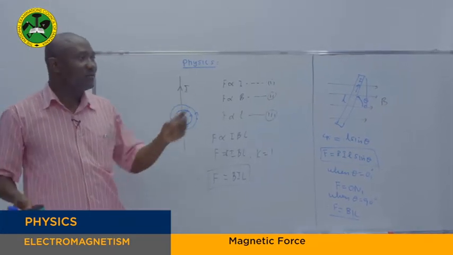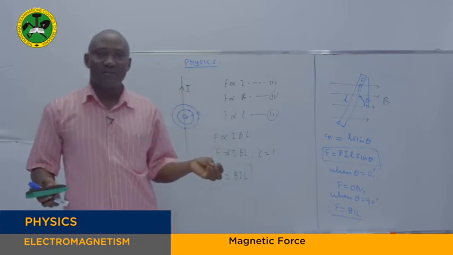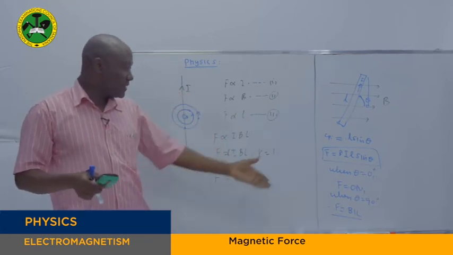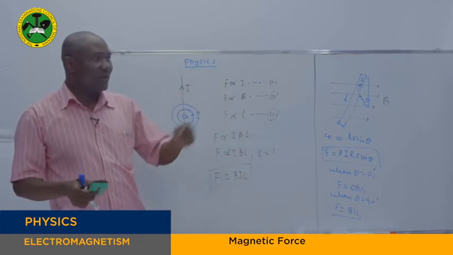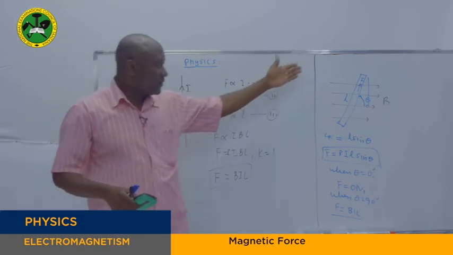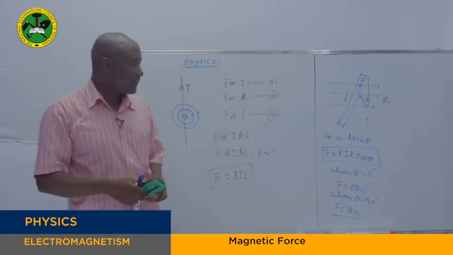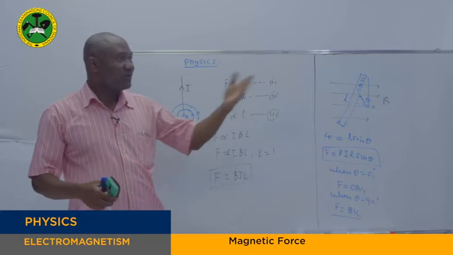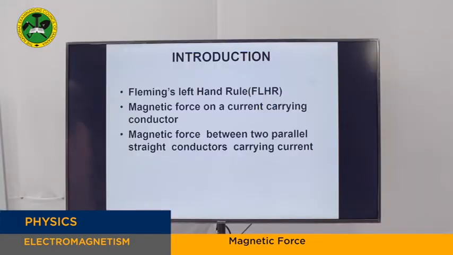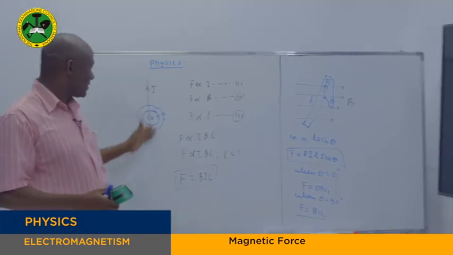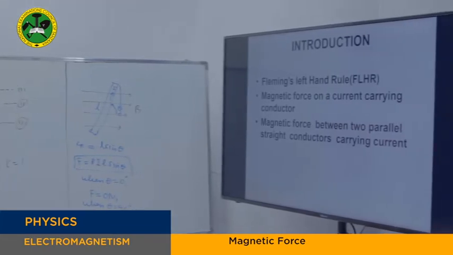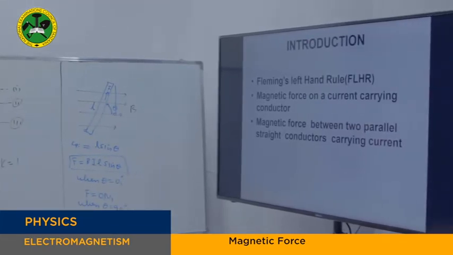You can have the maximum force or the minimum, meaning 0, depending on the angle the conductor makes with the magnetic field. So we know how to use the left-hand rule, and how to find the magnetic force on a current carrying conductor.